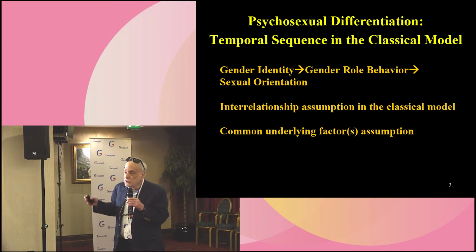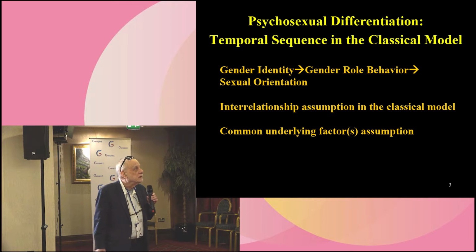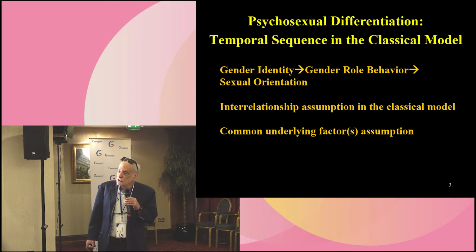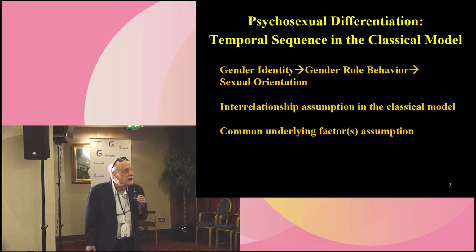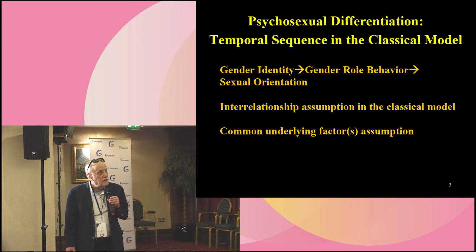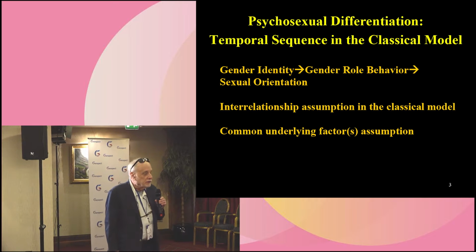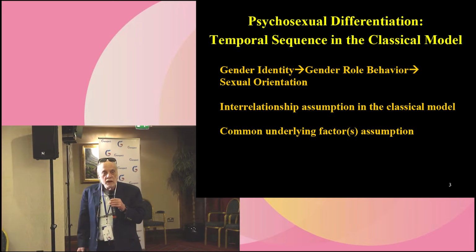And the classical temporal sequence model is that gender identity develops first, followed by the adoption or expression of gender role behavior, and then sexual orientation emerges later in development.